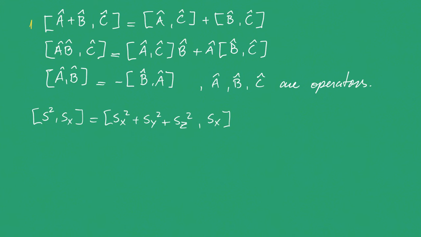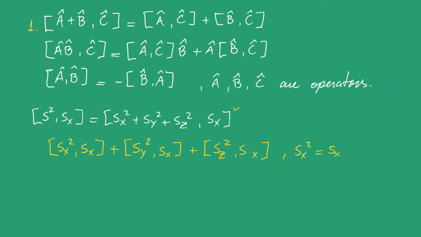Using the first identity, we can break down this bracket as Sx squared can be seen as Sx times Sx, same for Sy and Sz. The second identity can be used in order to advance more in this calculation.